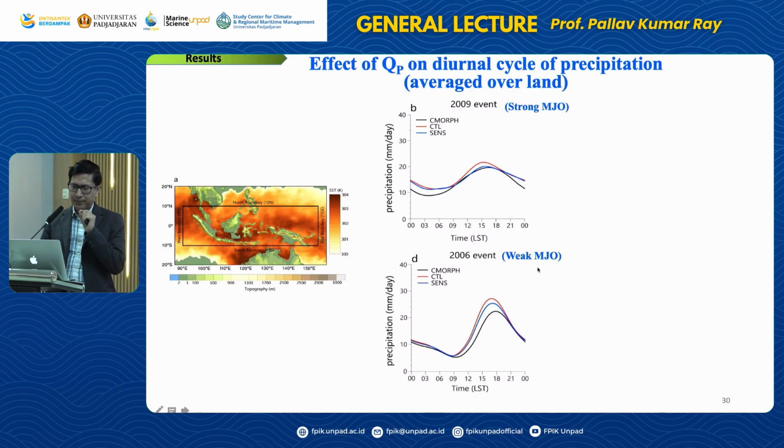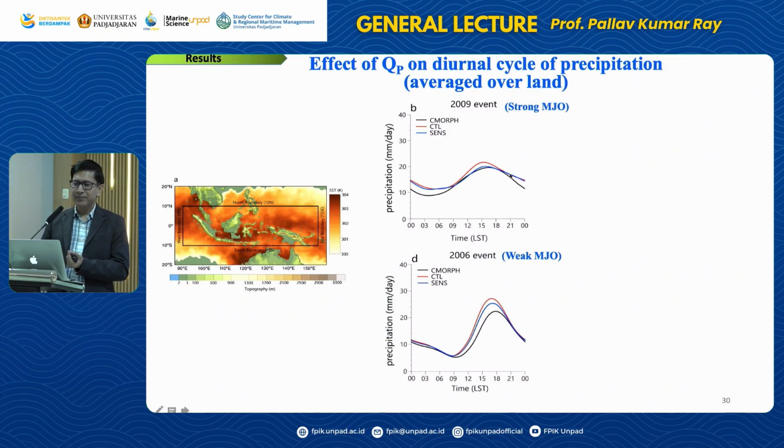The first thing you notice is that the control simulation precipitation was larger, and that is a common model weakness: all models overestimate precipitation over land. You can see that the red line is always above the black line. But when we introduce this QP term in the sense, you can see that the blue line came much closer to the black line.